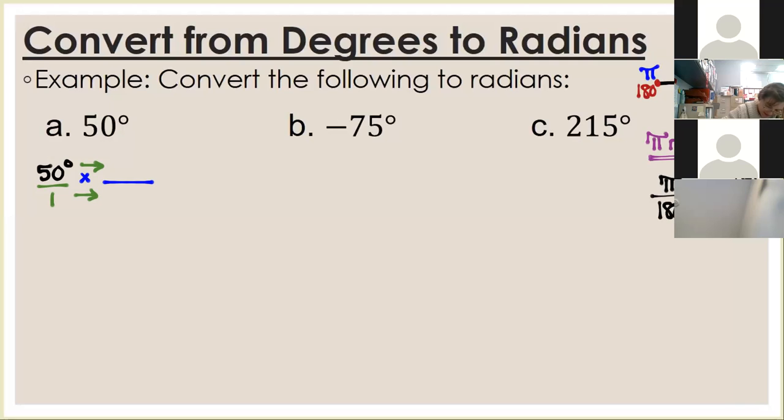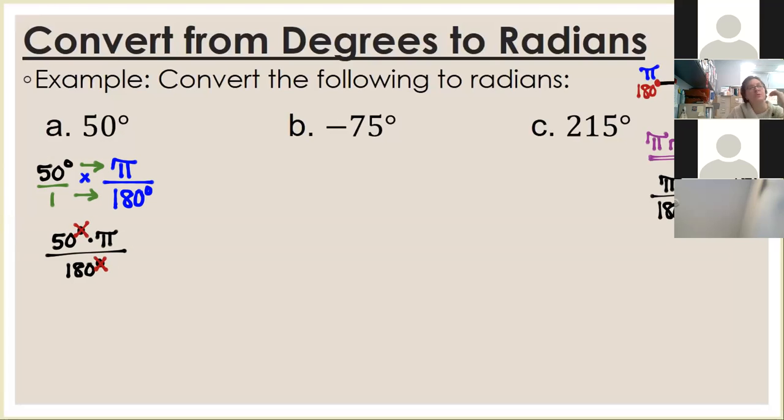Pi over 180, yes. I'm going to multiply this by pi over 180 degrees, because when I multiply numerator to numerator, I would have 50 degrees times pi over 180 degrees. I've got degrees in my numerator and degrees in my denominator, and so those are going to cancel out.